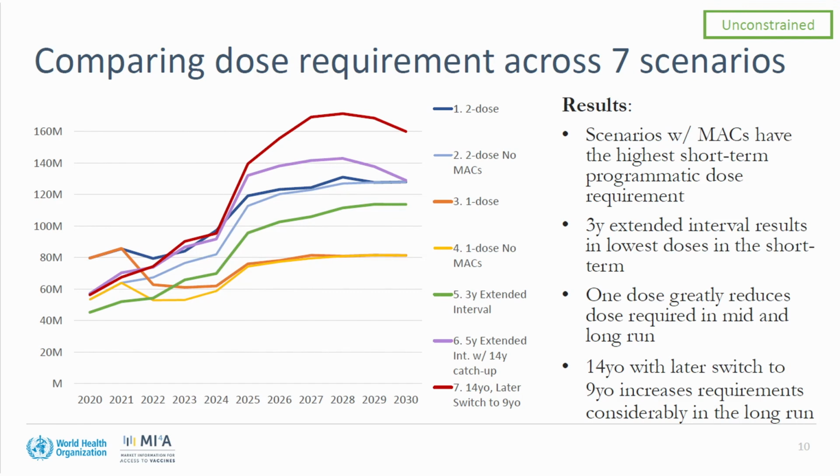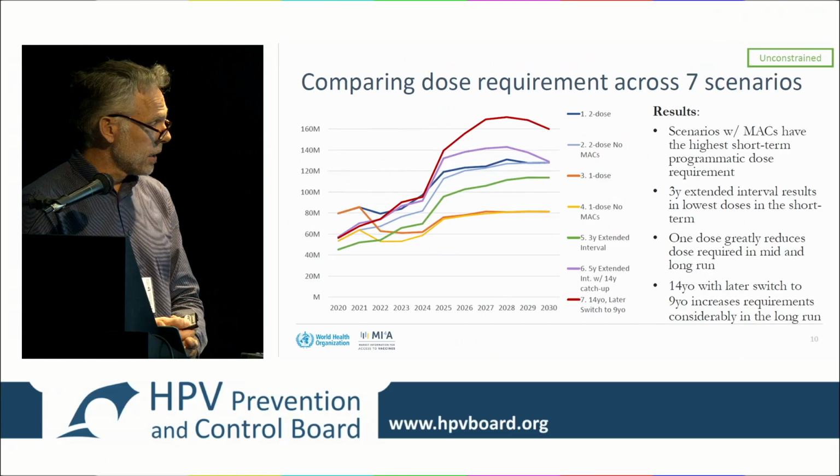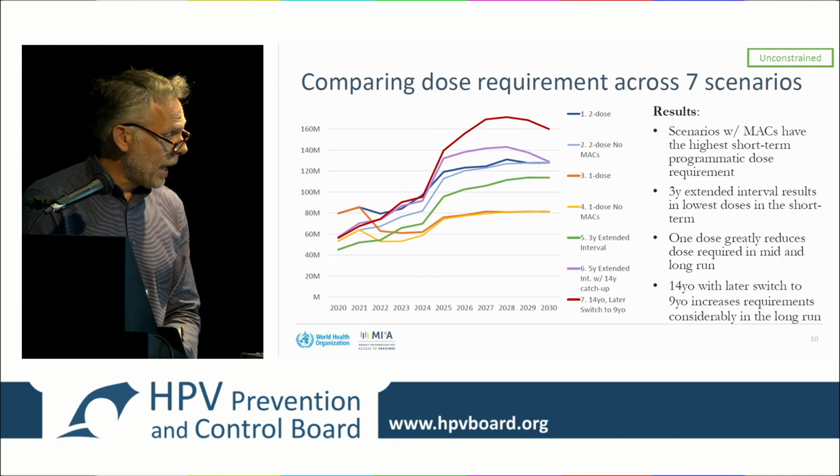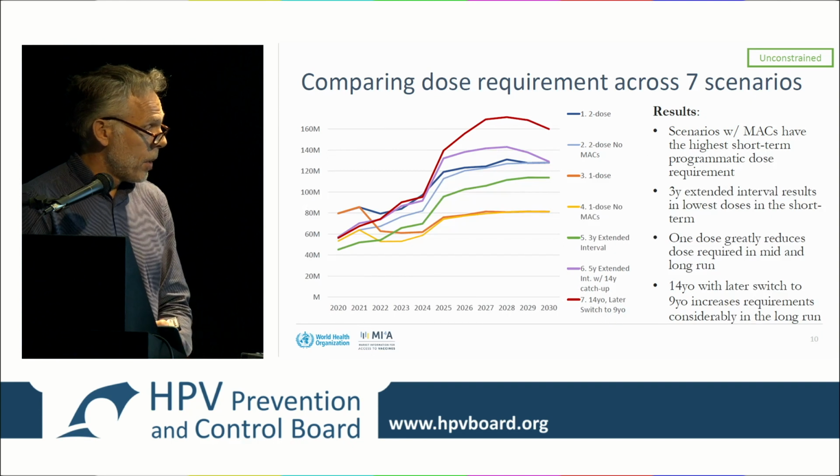So the 1 dose assumption here was if there's evidence by, say, 2022 and there's a change in recommendation, what would happen to demand? So you see here demand will go down, but not before 2021, let's say. So it would have limited effect in the coming years, etc. And then we had extended intervals, so the green one, and some others.